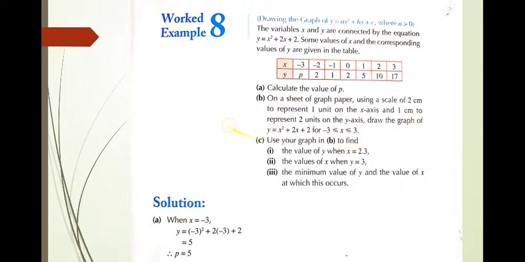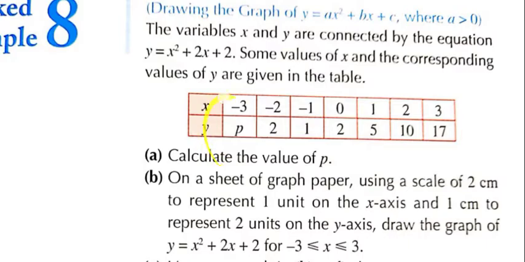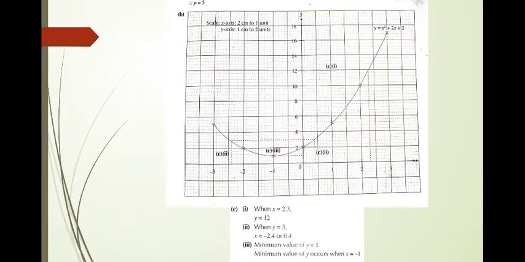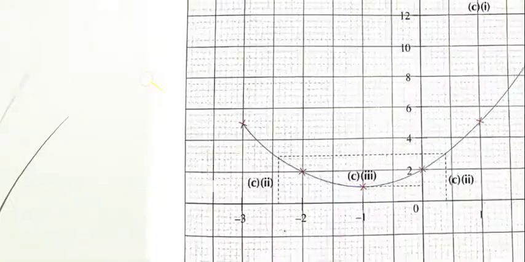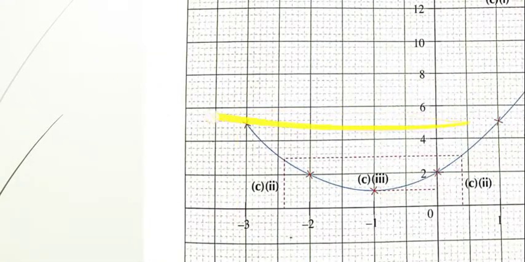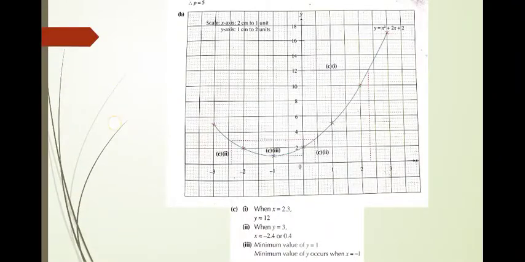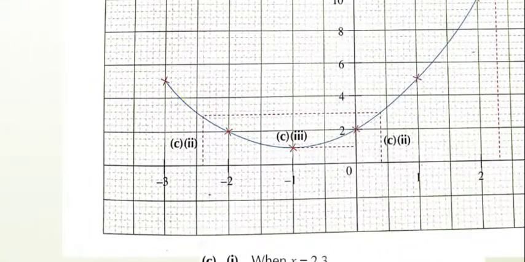Now draw the graph. What you do is you plot all the coordinates first. So -3 and p is what again? 5, right? So plot -3, 5. Plot -2, 2. What else? -1, 1, and 0, 2.